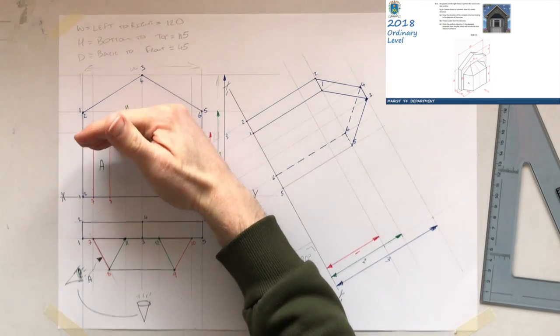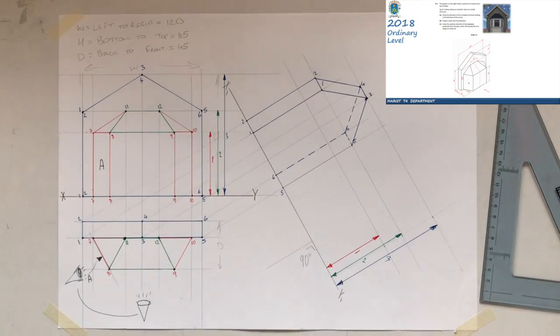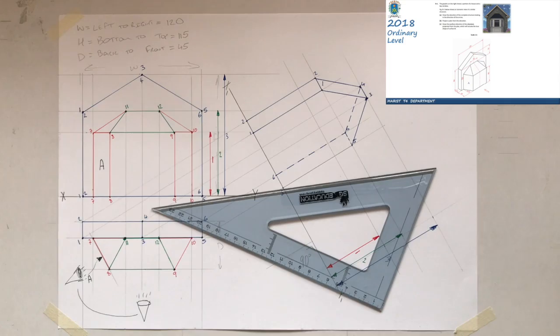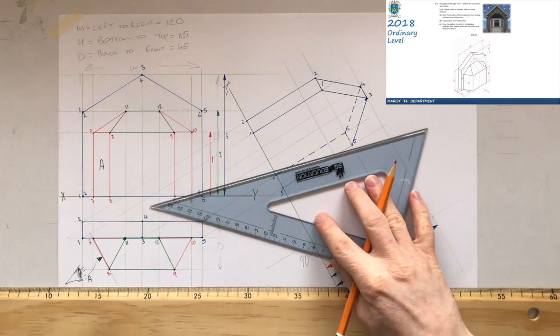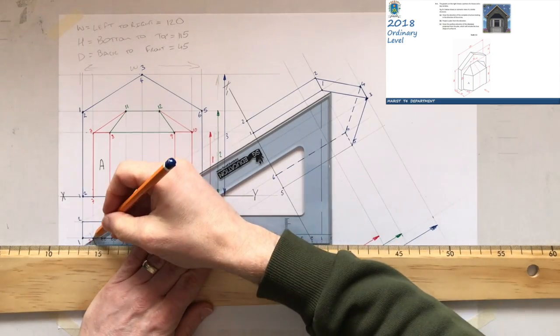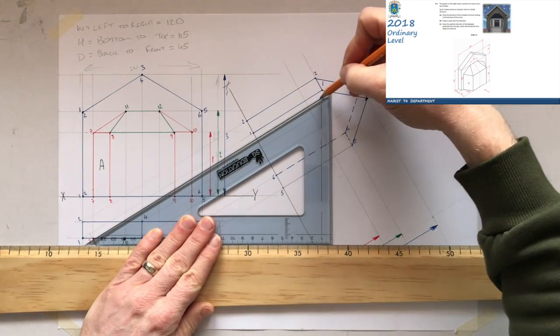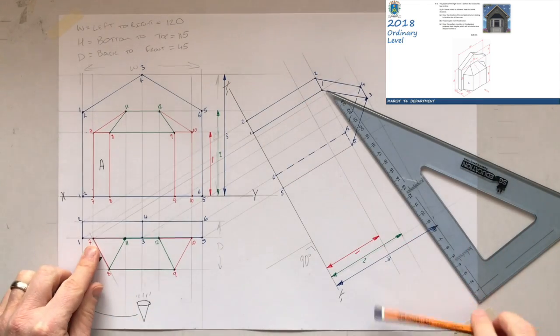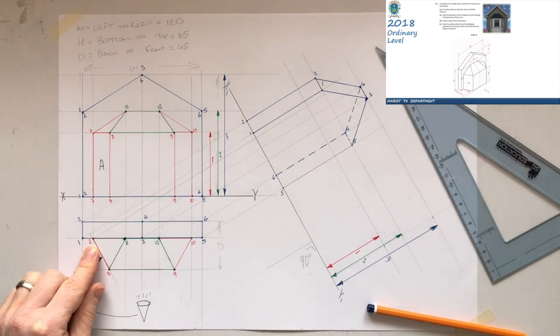Again, whatever height they are in this elevation, they'll be the same height in this one. Those rules never change. So we're going to take 1 point at a time and locate them. All we have to do then, it's like a game of join the dots, nice and straightforward. So I'm going to bring point 7 up. Again, perpendicular 90 degrees to our x1, y1 line. So we brought up point 7, we now need to find out, well, where is it?